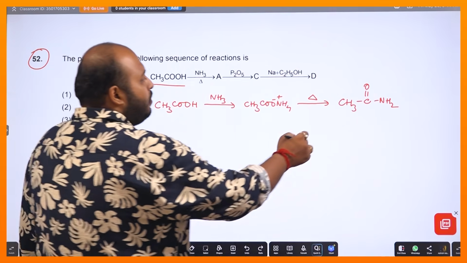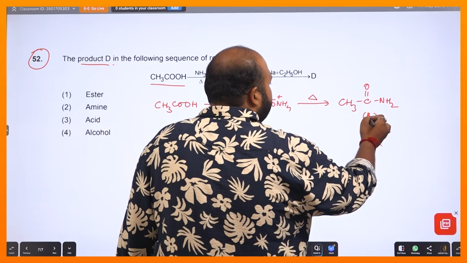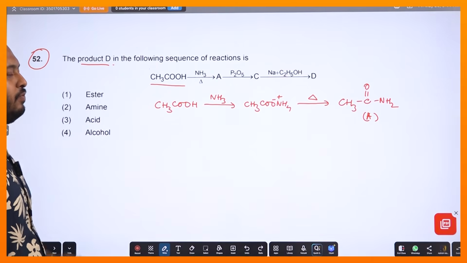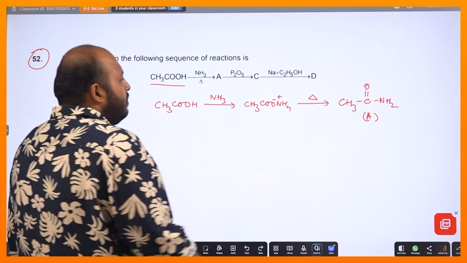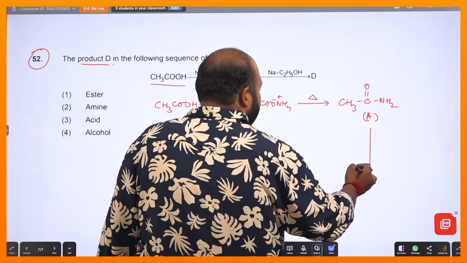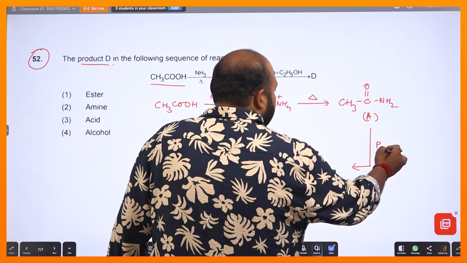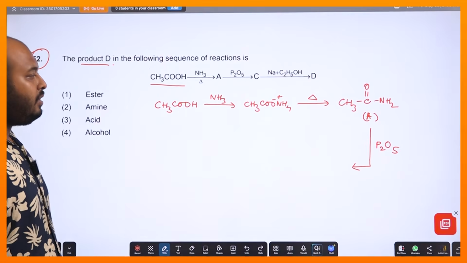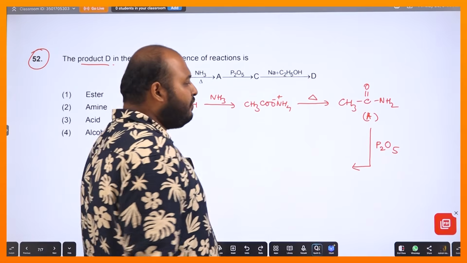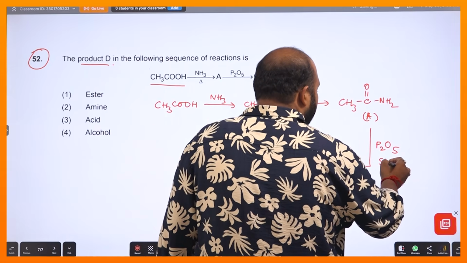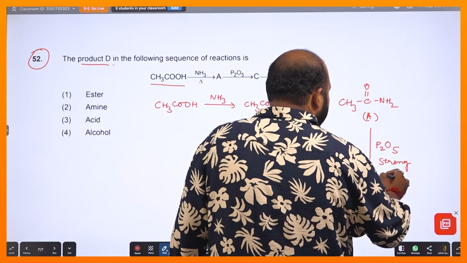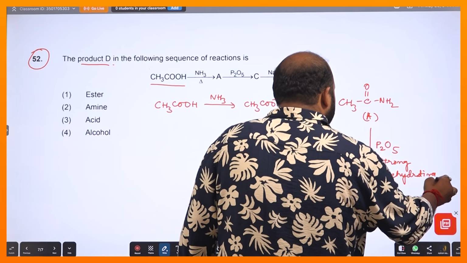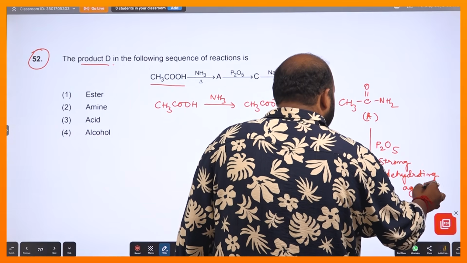So this is our product A. There is a decomposition reaction going on to form an amide. Now if we check out the second part, that is P2O5. You all know that P2O5 is a strong dehydrating agent.